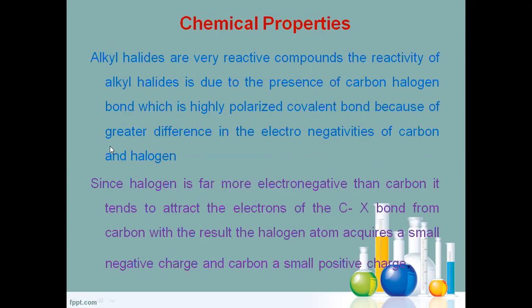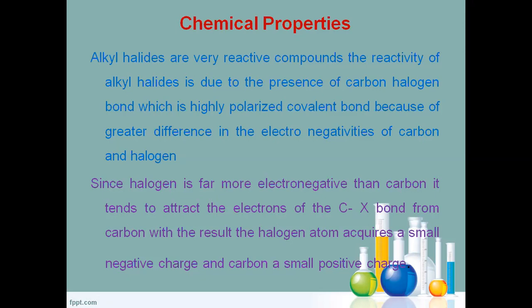When you come to the chemical properties, alkyl halides are very reactive compounds. The reactivity of alkyl halides is due to the presence of the carbon-halogen bond, which is a highly polarized covalent bond, because there is a greater electronegativity difference between carbon and halogen.